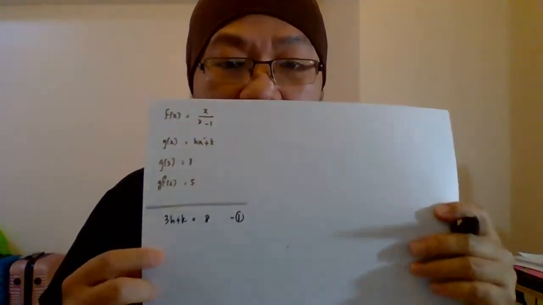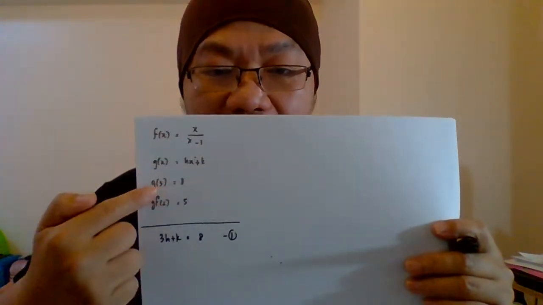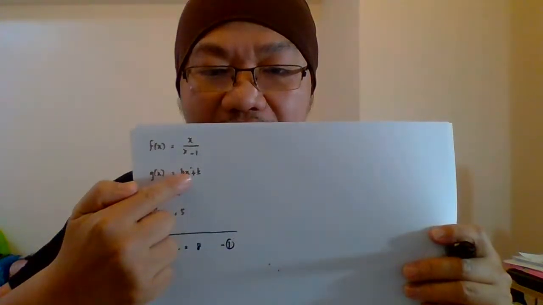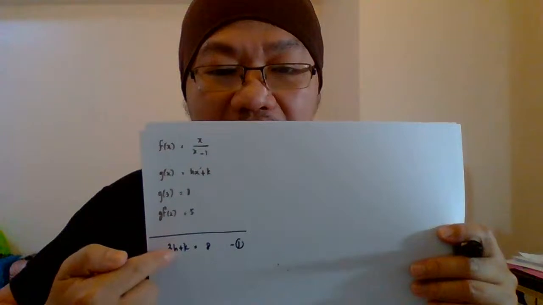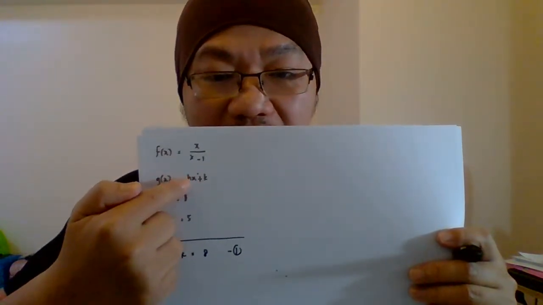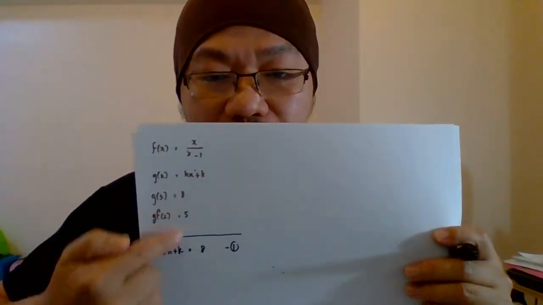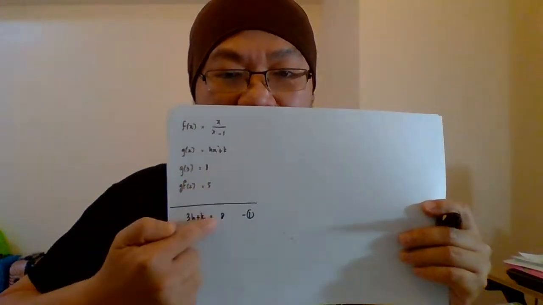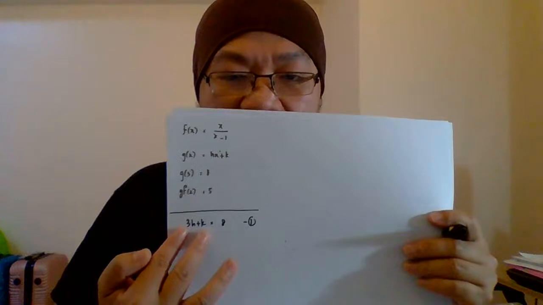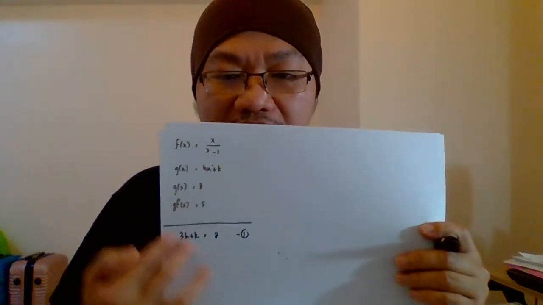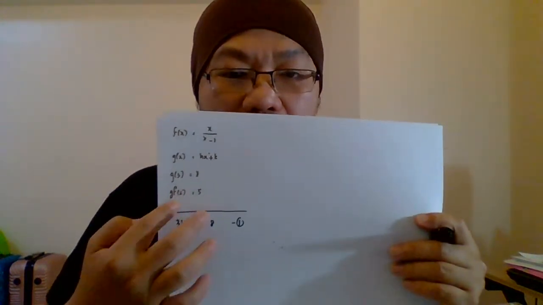That will be your first equation. We got two unknowns here. That means simultaneous equations, always simultaneous, because there are two different unknowns.